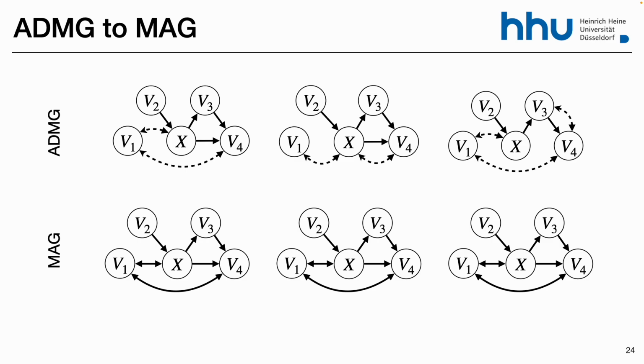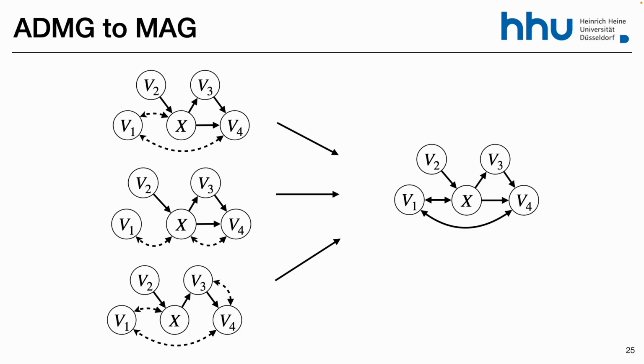There are 3 ADMGs, and if you apply the procedure, you can get these 3 MAGs. What can you tell about it? They match, they are exactly the same. So that's the collapsing we were talking about before: different ADMGs collapsing into the same MAG, right? That's the idea of collapsibility.